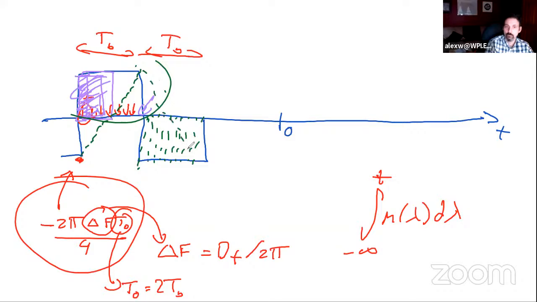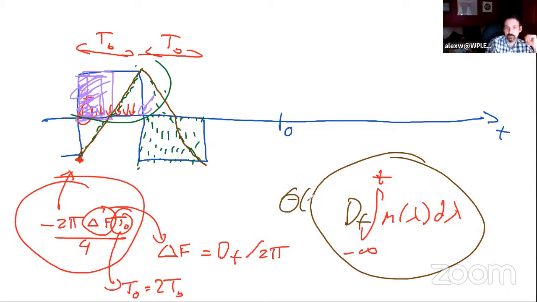So now we go back. It's actually pretty cool. At the end of the day, our phase term, theta t, is going to be this ramp up, ramp down, ramp up, ramp down, ramp up, if these values are continuously alternating.